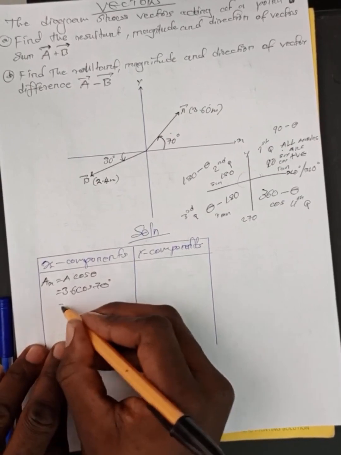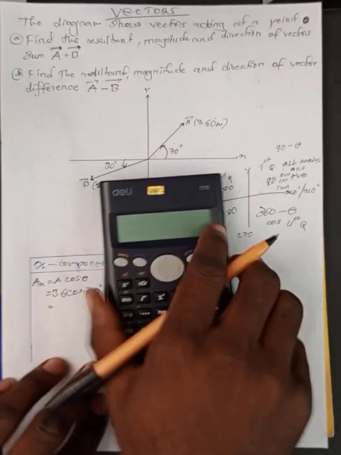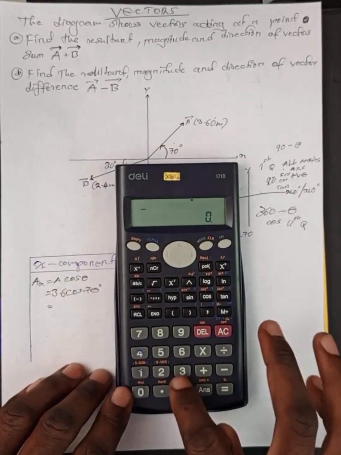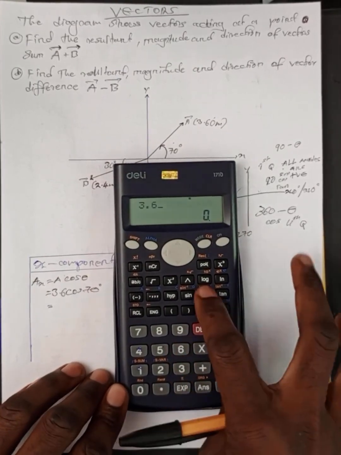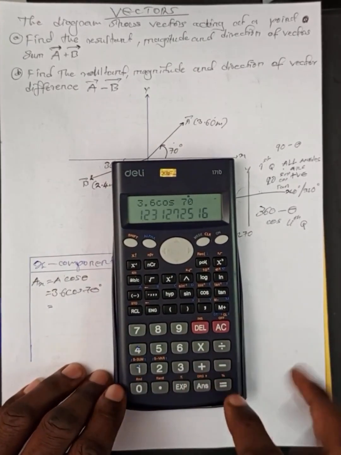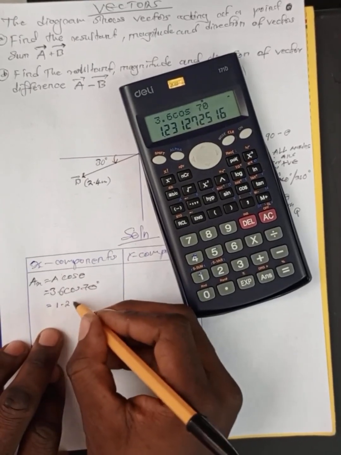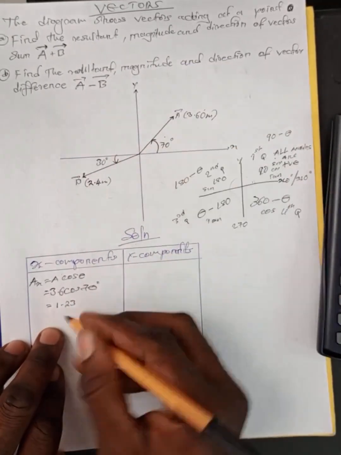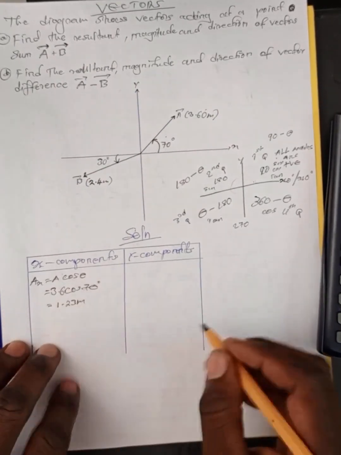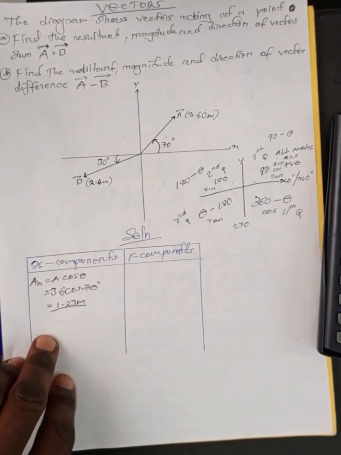You use your calculator: 3.6 cos 70 is 1.23. So we write 1.23 meters. You are done.